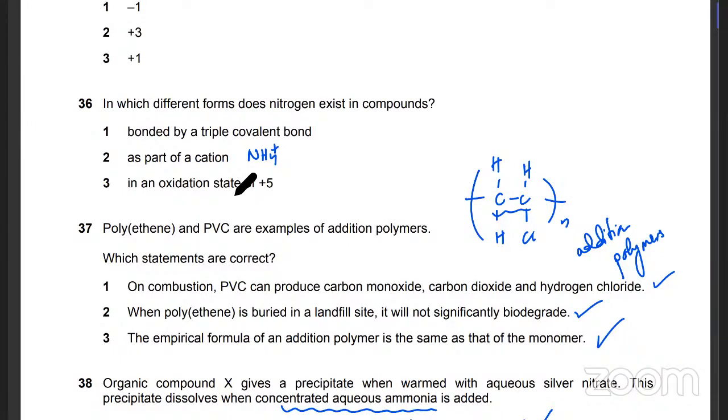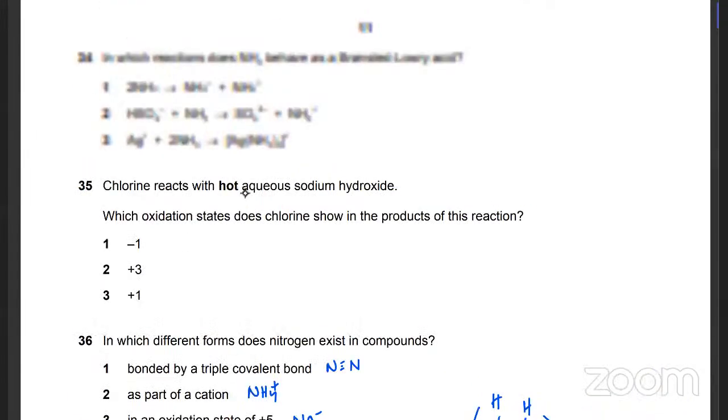What's the oxidation state of nitrogen in NO3-? +5. Okay, that is +5, so that's also true. And obviously, it can form a triple bond in N2.